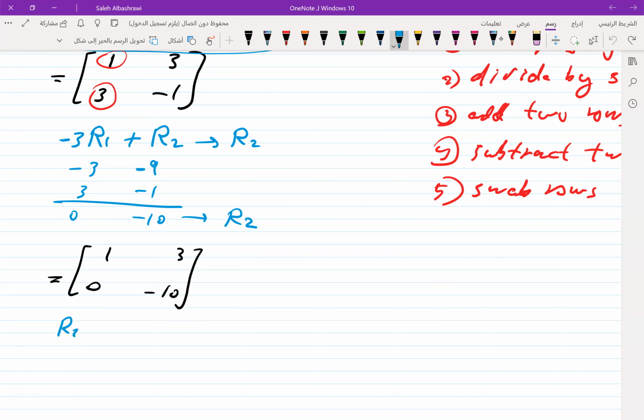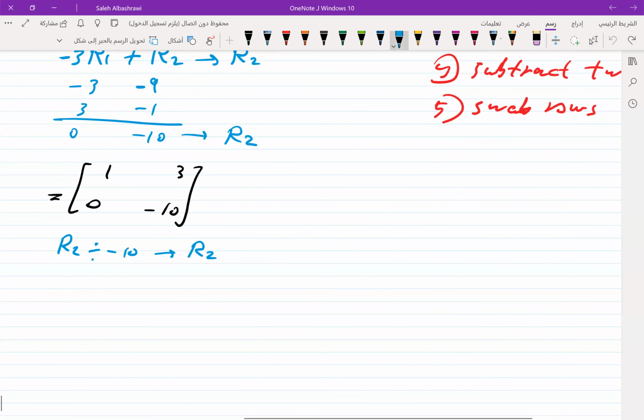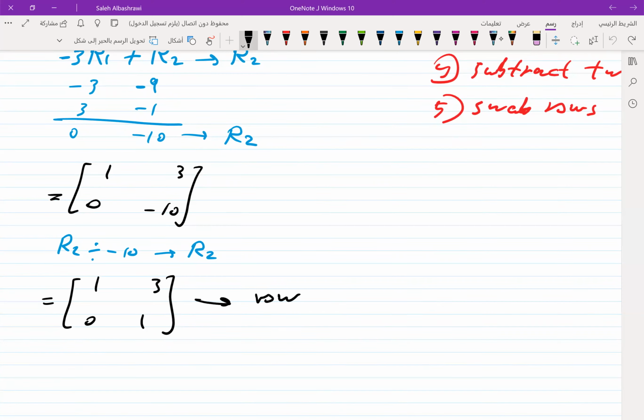Divide R2 by minus 10 and put it in R2. I will have 1, 3, 0, and 1. Now this we call row echelon form.